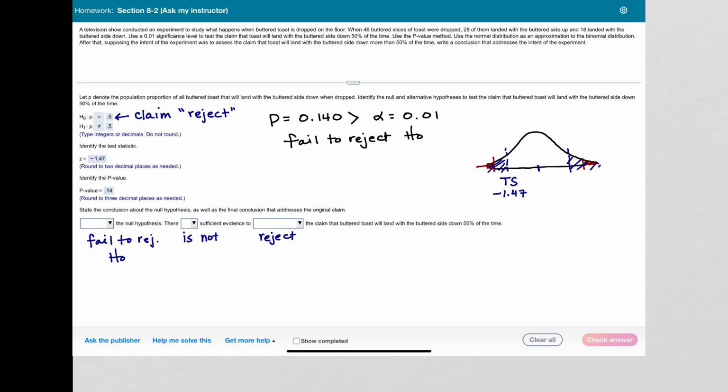So that's the end of that problem. Or I should say that's the end of the hypothesis test. But now there's a follow-up question about what if we change the alternative hypothesis.